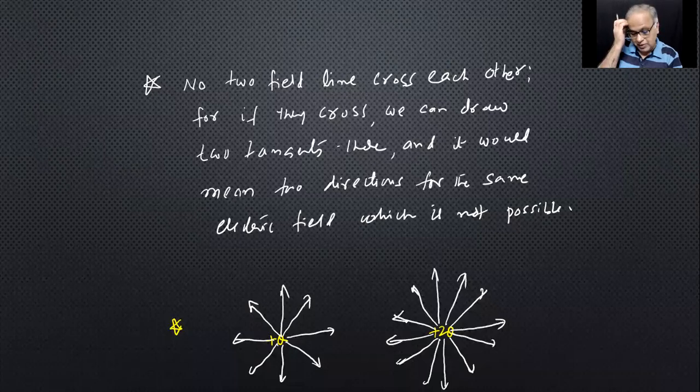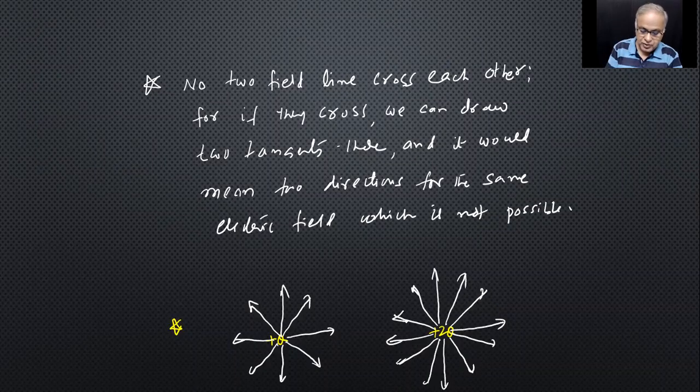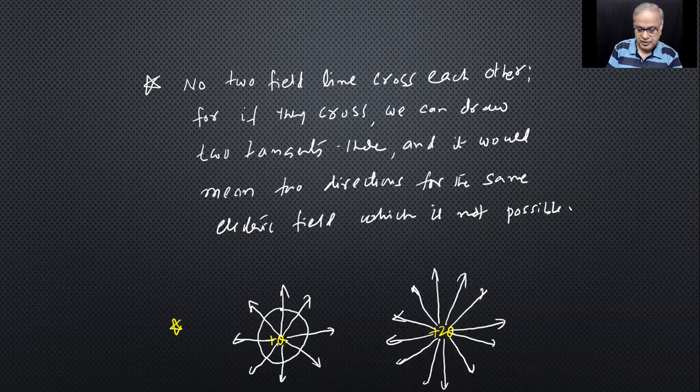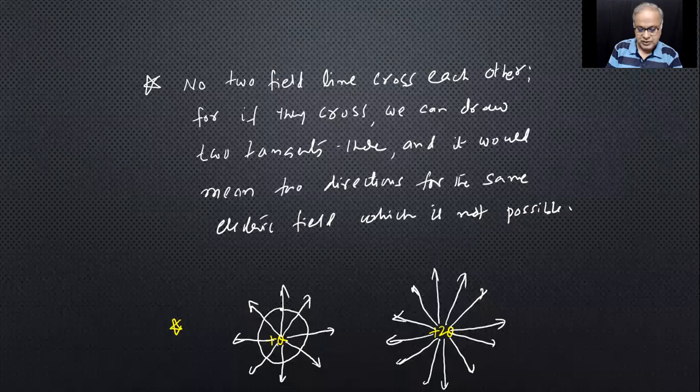Why, if you ask me, you can compare the field of this with the field of this. If I take a surface which is being pierced by the field lines, this is not a circle, it is a sphere. Actually, you're looking at a two-dimensional picture here, but it's actually 3D. The field lines go out with radial symmetry.